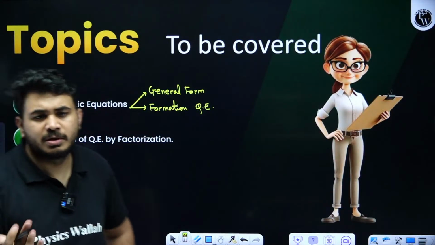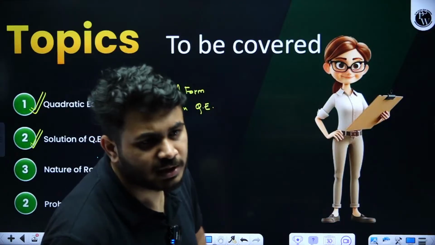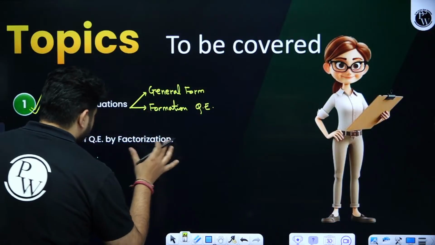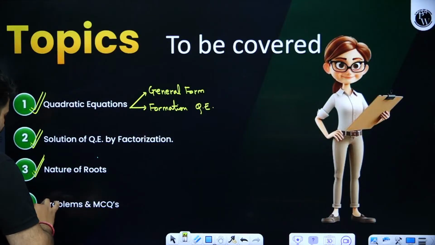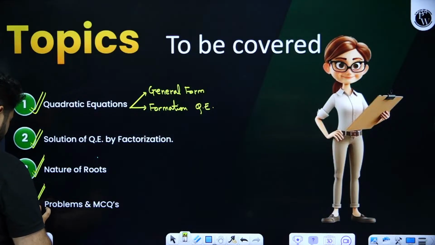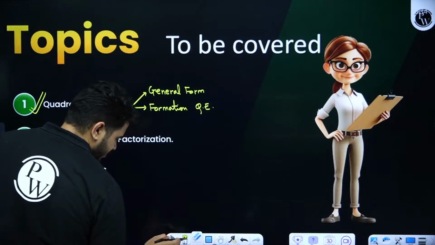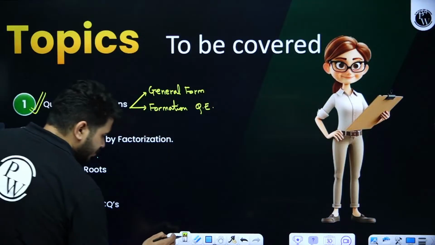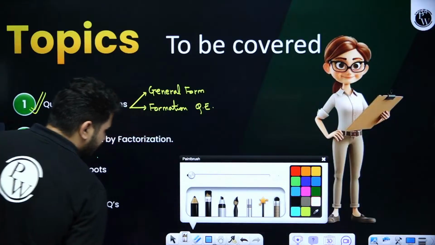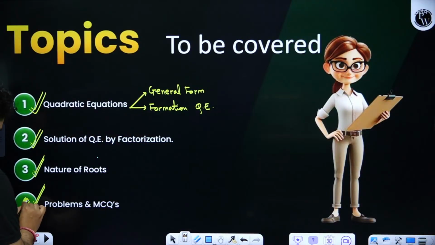Just forming is not our job, we need to even solve it. So we will discuss solution of quadratic equation, nature of roots, and then problems and MCQs related to it, correct? So this will be your topic number 4 my dear students. These things we are going to do today.